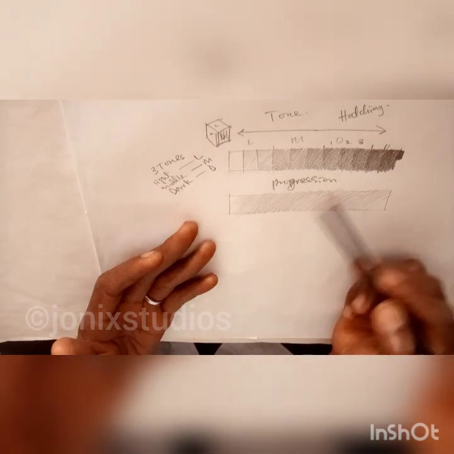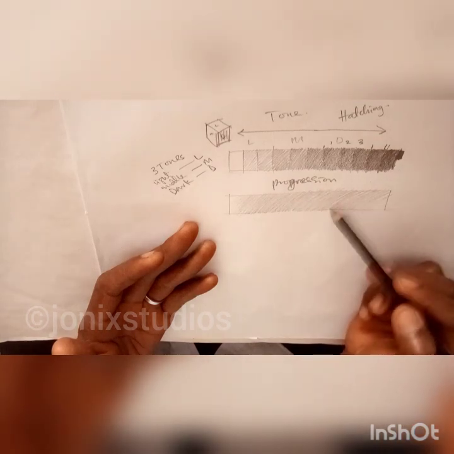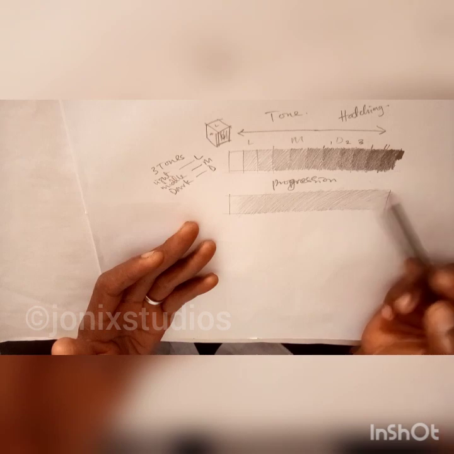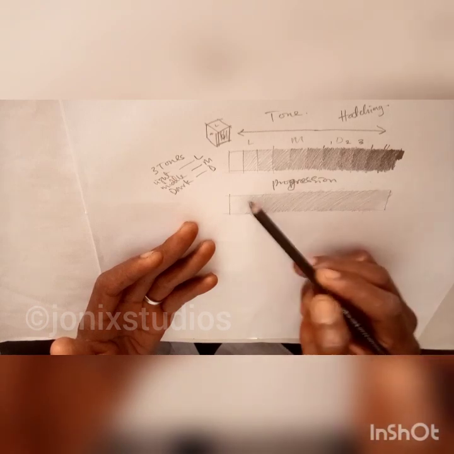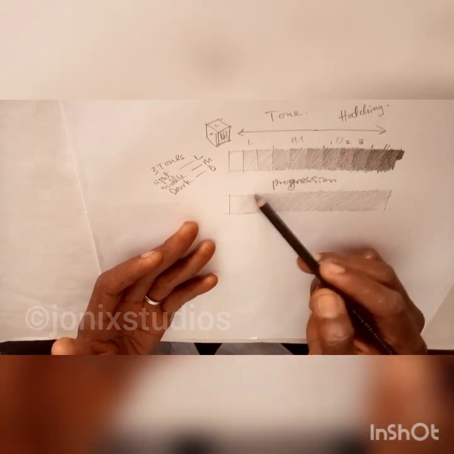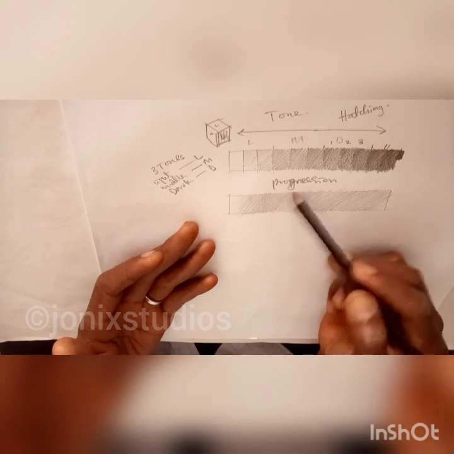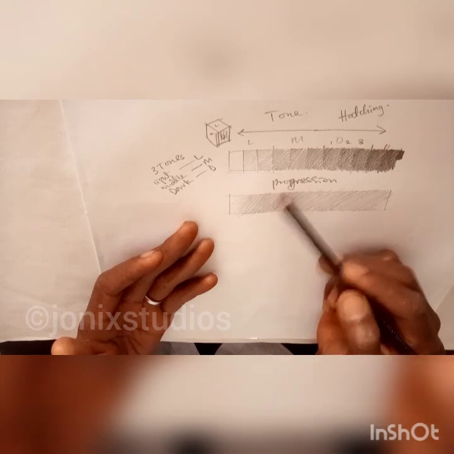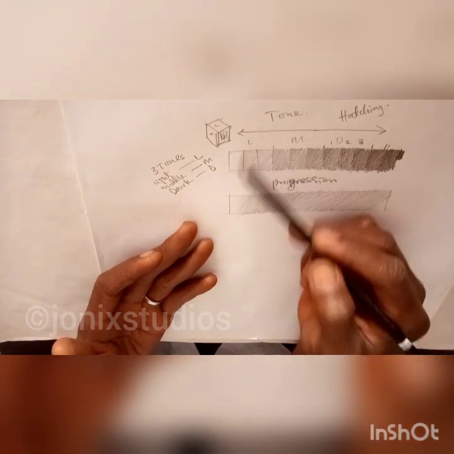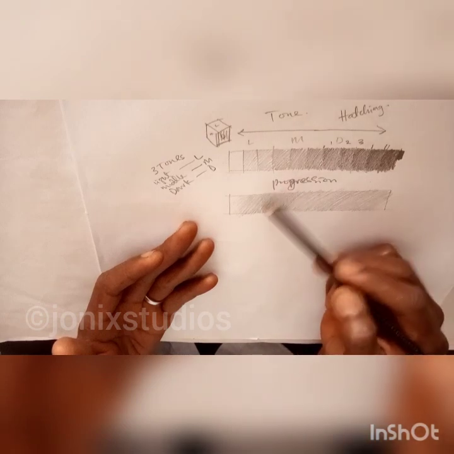So if you see now, I'm applying a general tone of a light middle tone from the lightest into the darkest. So the only thing I'll be doing now is increasing it gradually, because I want to try to avoid that mark there, like this breaking of tones.